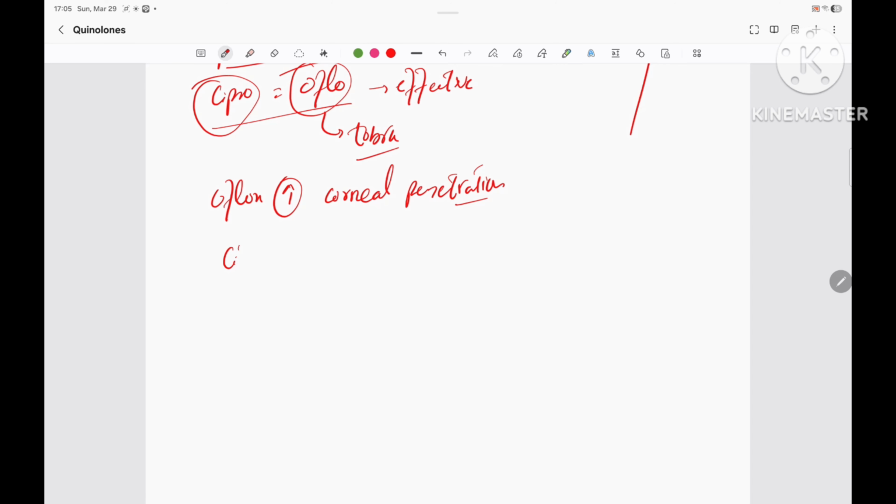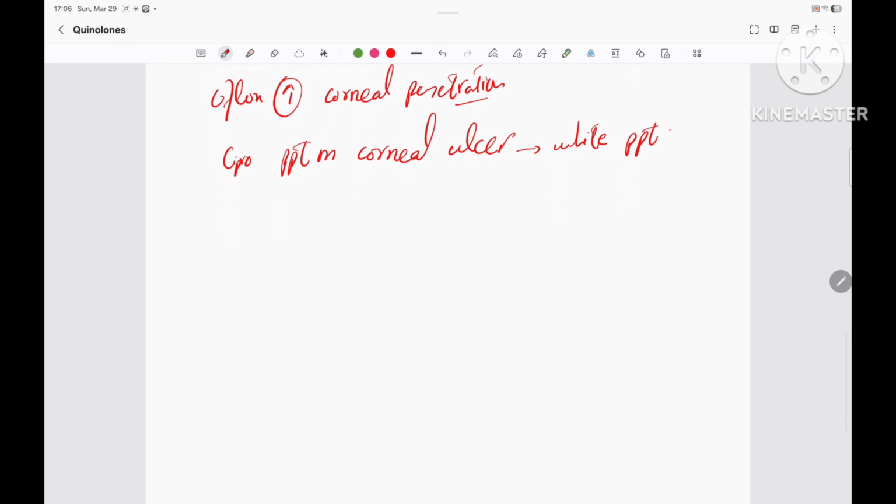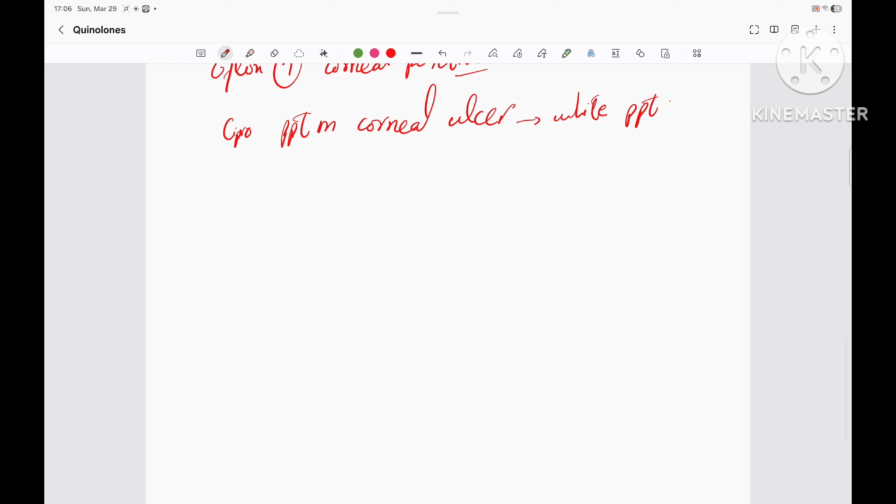While if we talk about cipro, ciprofloxacin commonly precipitates on the corneal ulcer, resulting in white precipitates. So it's not going in, but it will stay over the cornea, and there will be formation of white precipitates. But these precipitates have no effect on the healing of the wound.